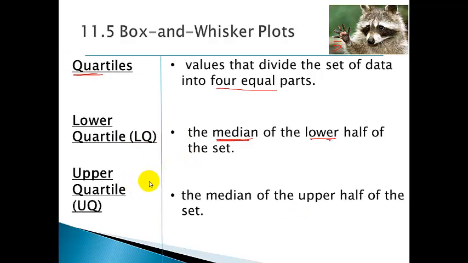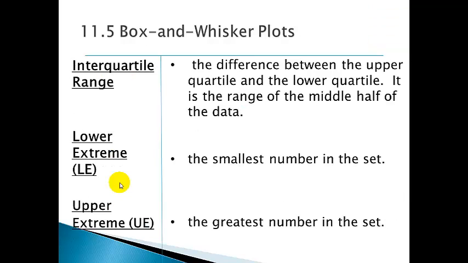And then we have our upper quartile. So that's the median of the upper half of the data set. So it's the middle of the upper half. So that's 1 piece of data, 2 pieces of data. And then we have the interquartile range.